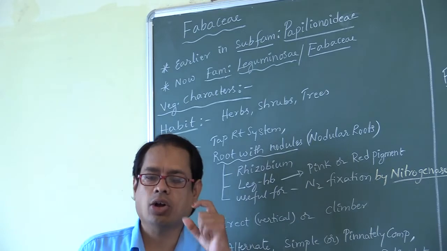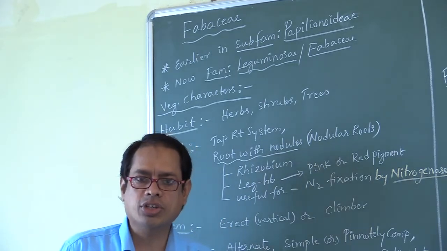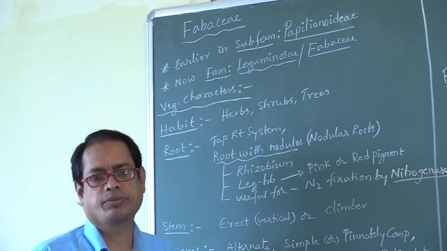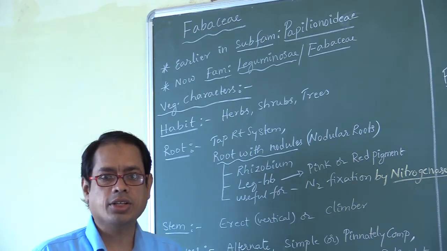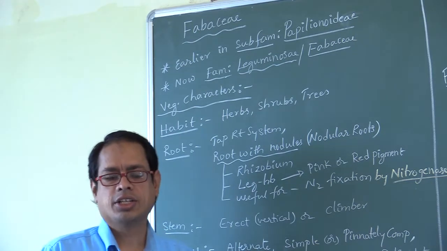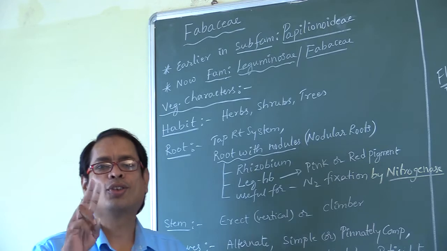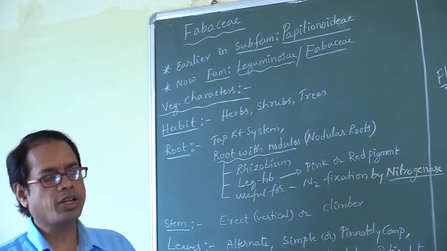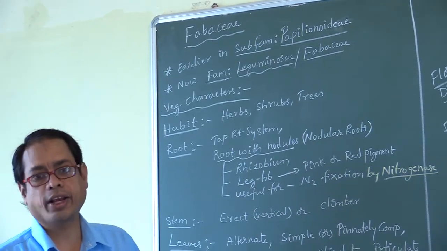Fabaceae is a dicot. Dicot means the root system is a taproot system, leaf venation is reticulate venation, and the seed has 2 cotyledons. Those are common points of dicots.